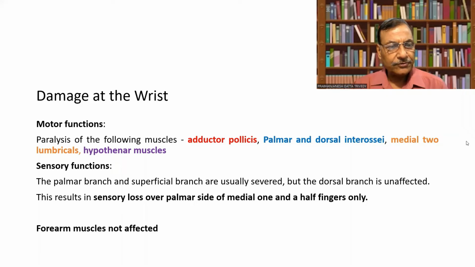Sensory functions: the palmar branch and superficial branch are usually severely affected, but the dorsal branch is unaffected. This results in sensory loss over the palmar side of the medial 1.5 fingers only. Dorsal side is spared. And in case of damage at the wrist, the forearm muscles are not affected.